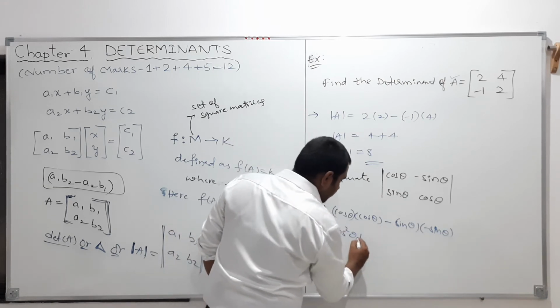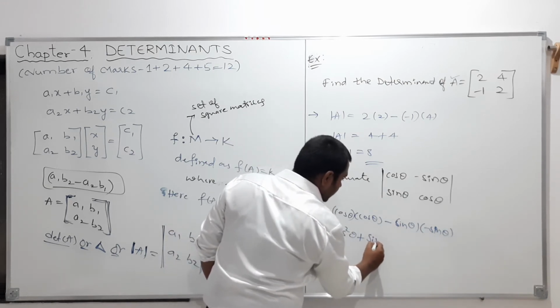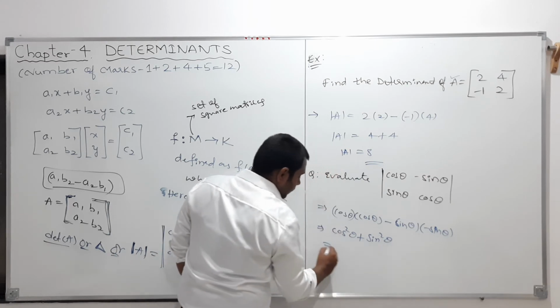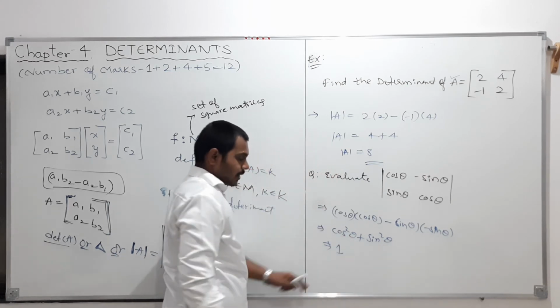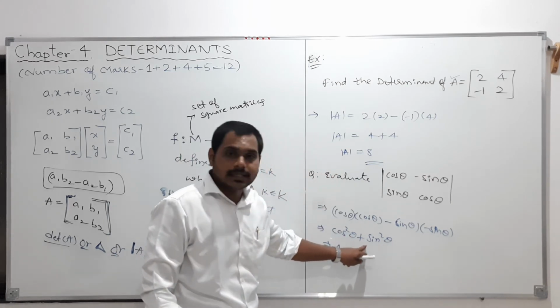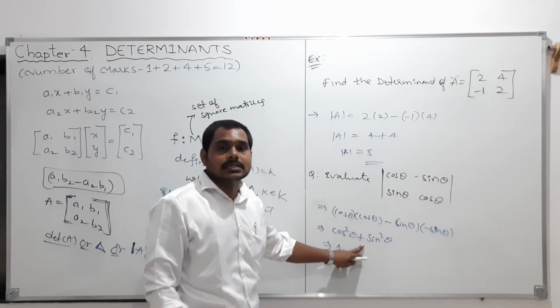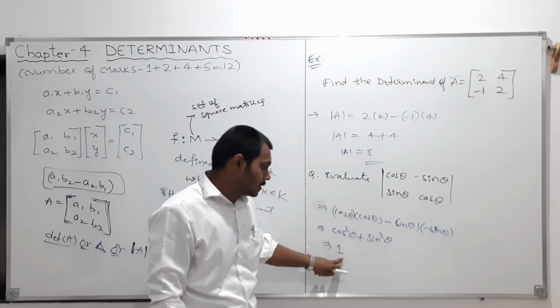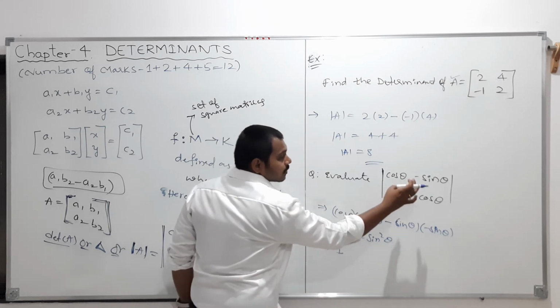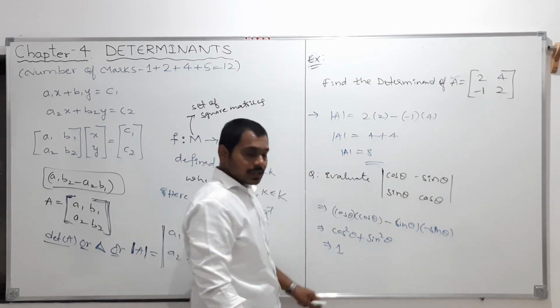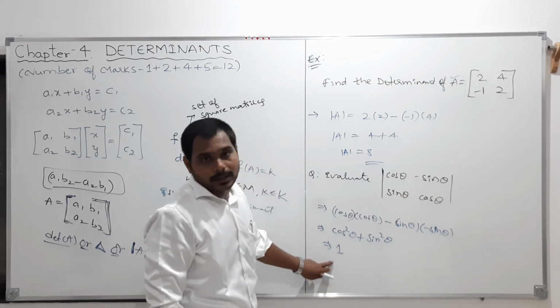Next, minus plus, sin theta into sin theta is sin square theta. And this value is equal to 1, because we studied this result in the previous classes: cos square theta plus sin square theta is equal to 1. So the determinant value, the answer, is 1.